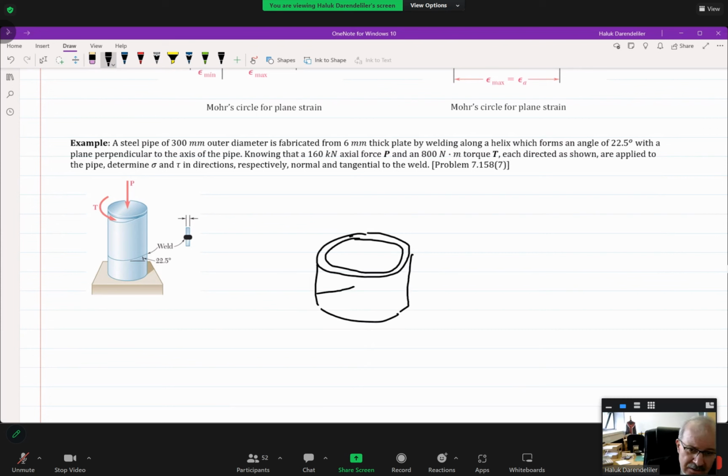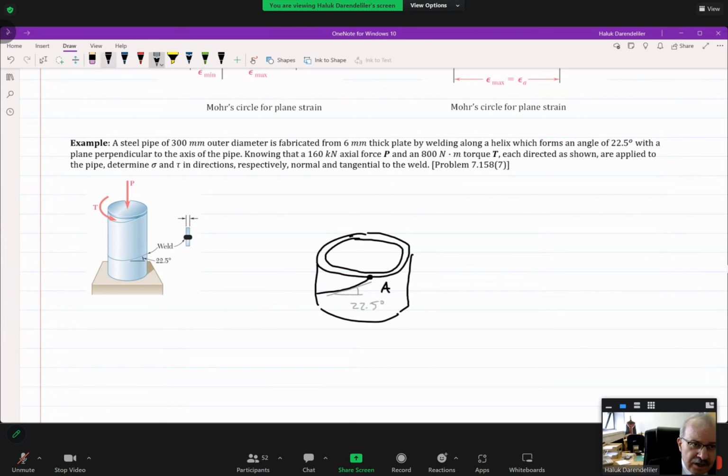Here is the weld. Now, this point is on the surface. And say this point is A. By the way, we know that this angle of this weld from the horizontal, just a minute, please. Okay, this is the tangent. And there is an angle here. And this angle is 22.5 degrees. Is this clear?